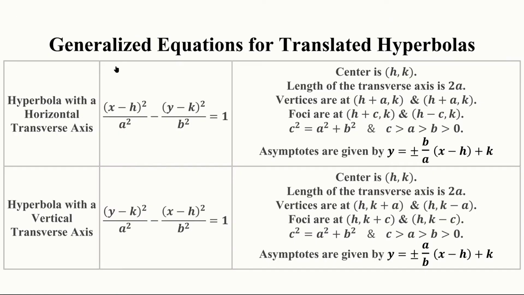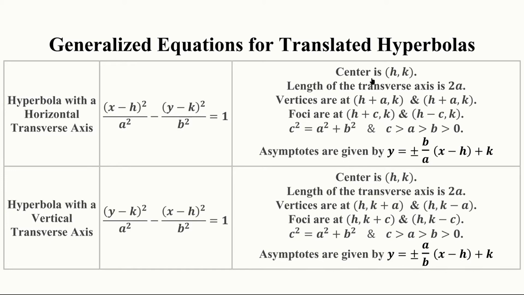All right, next we want to look at the generalized equations for translated hyperbolas in standard form, of course. And it's the usual, we did the exact same thing for ellipses. So this one, of course, would have been shifted to a new center at h, k. And the same for this one, the center would be h, k.